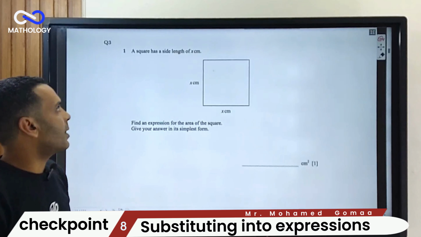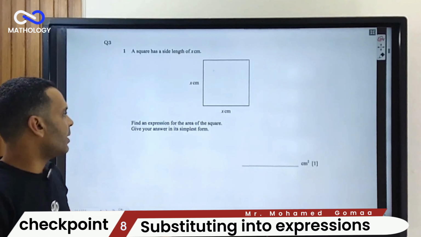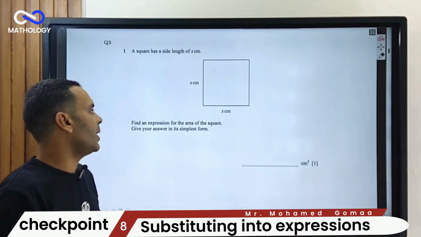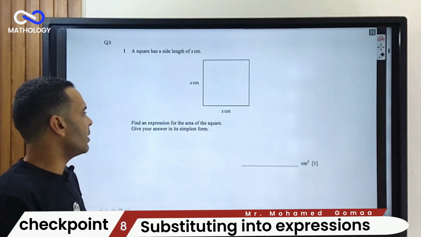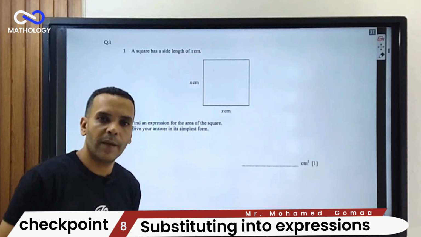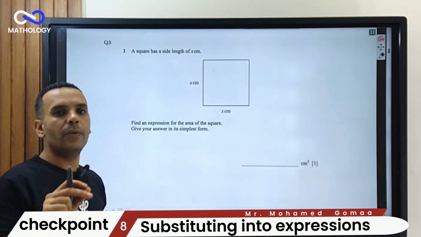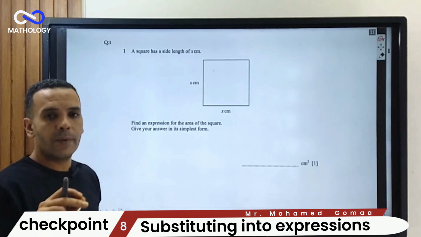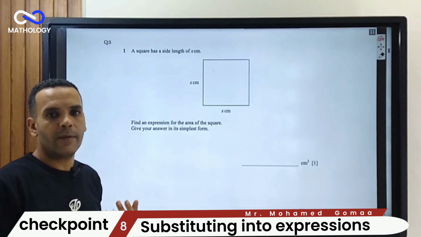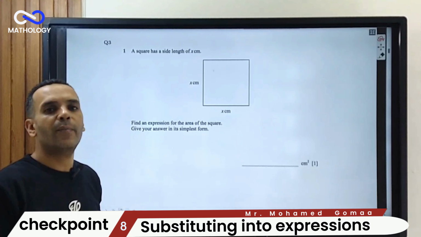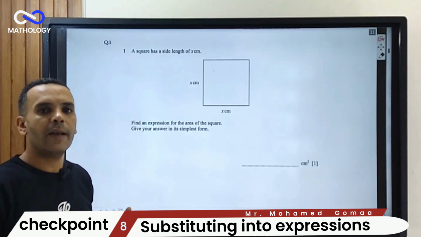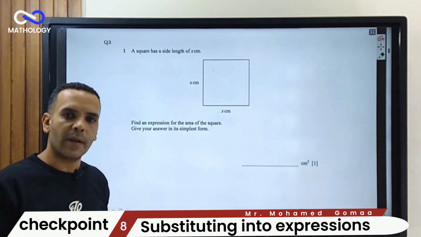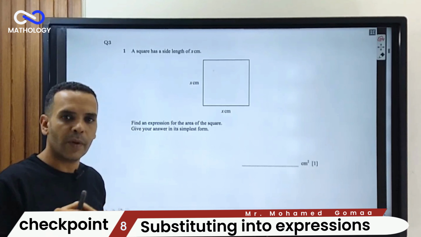A square has a side length of x. Find an expression for the area of the square. Give your answer in its simplest form. Okay? You have to remember the rule of the area of the square and the perimeter of the square. The area of the square equals side times side, or side power 2.